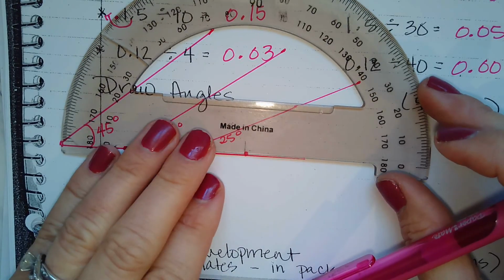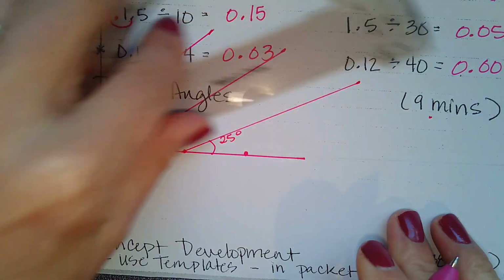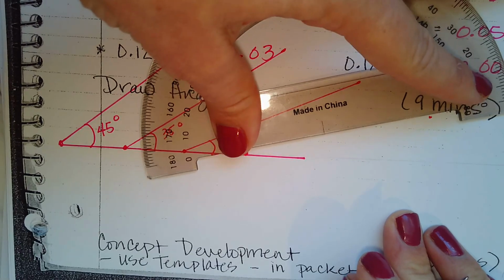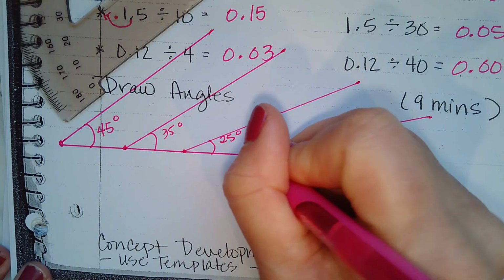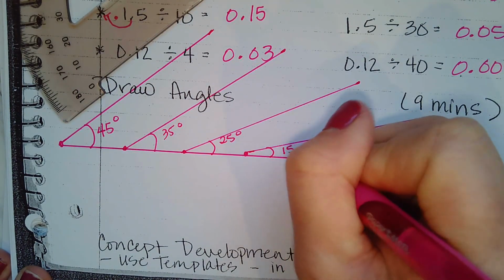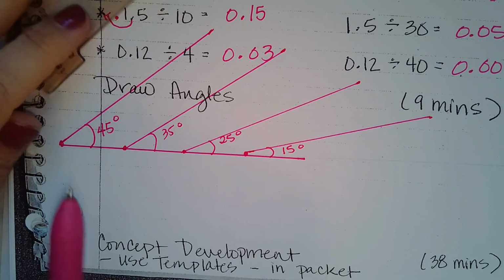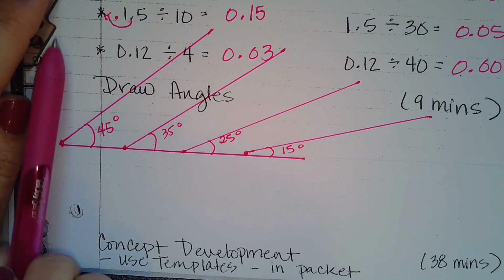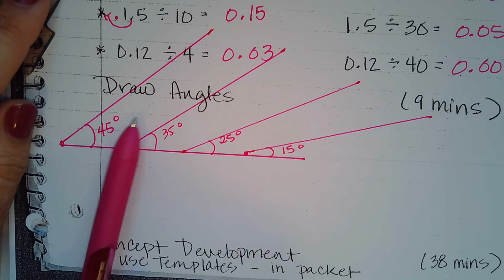All right, so lining up my protractor. So just getting used to looking at what angles look like. And to begin with, knowing where that 90-degree angle is, knowing that half of 90 would be 45.